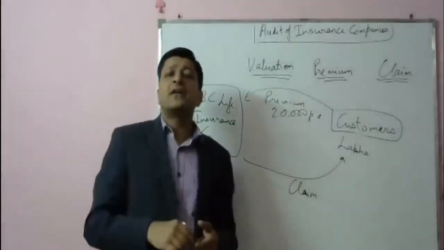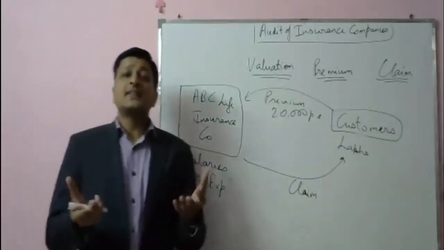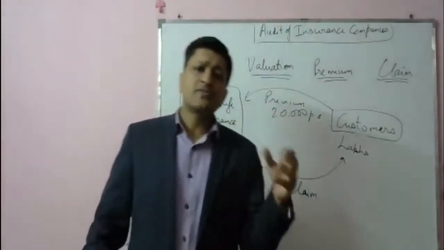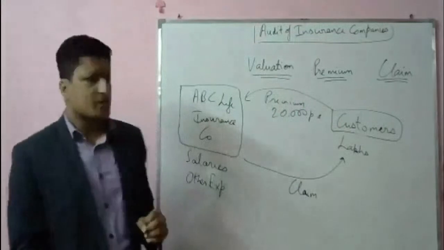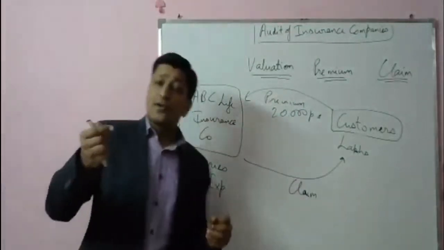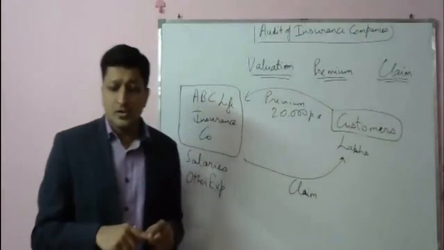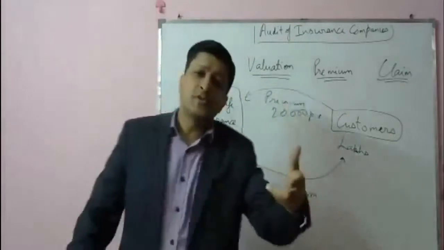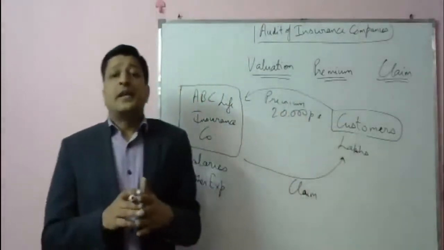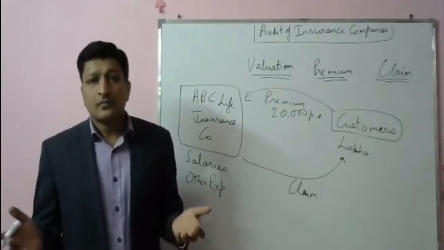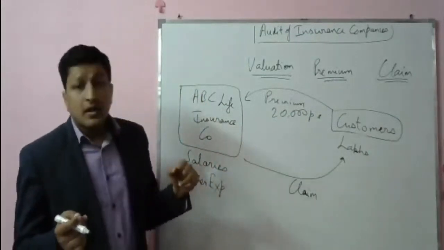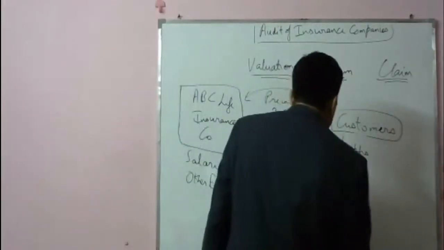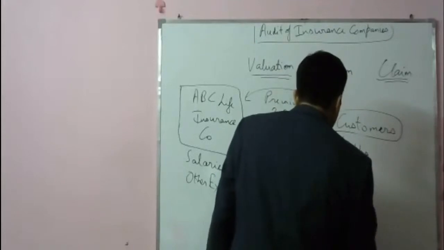When a customer is paying 20,000 per annum, he will take a risk cover, let's suppose, for 10 lakhs, or for 1 crore, or for 5 crores. So it's not that the insurance company will be required to pay back only 20,000. It may be exponentially higher. Suppose on an average the insurance company is required to pay 20 lakhs as the claim amount.